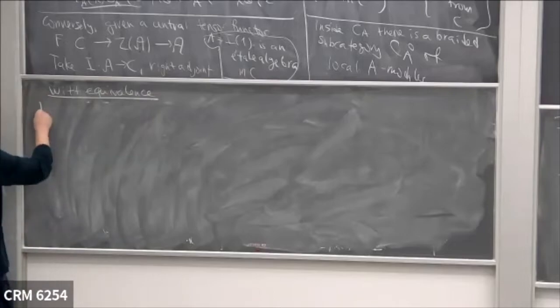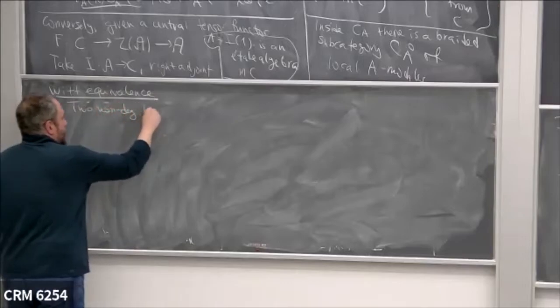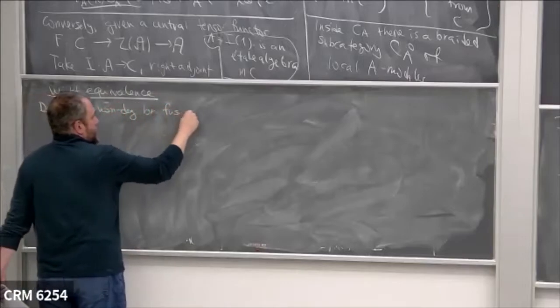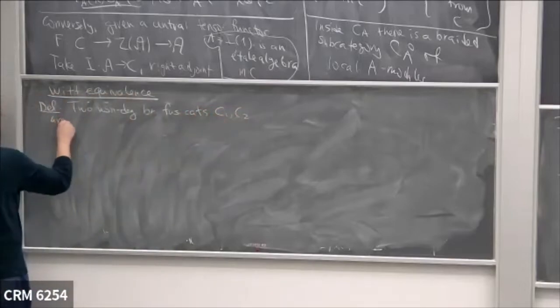Okay, so definition. Two non-degenerate braided fusion categories C1, C2 are Witt equivalent.